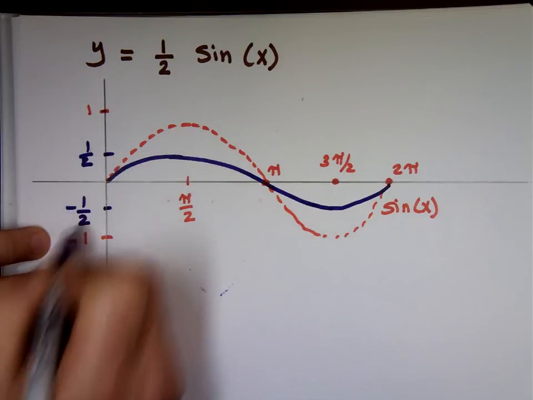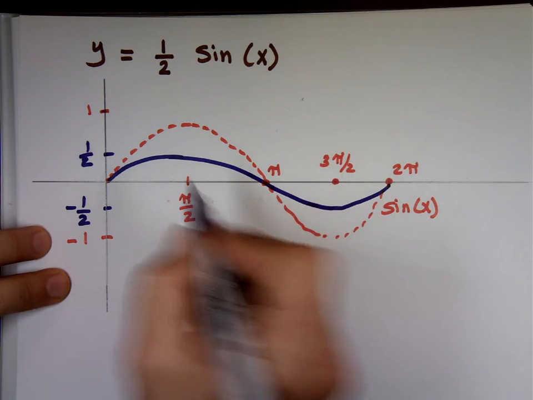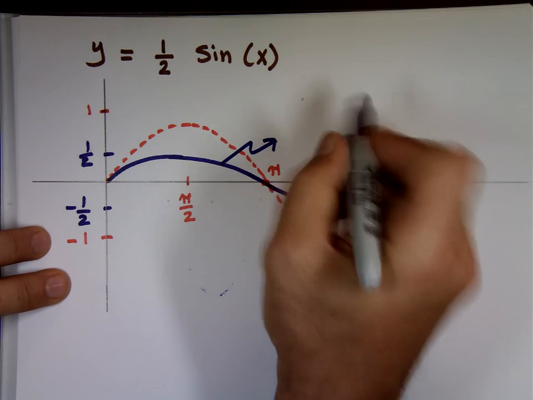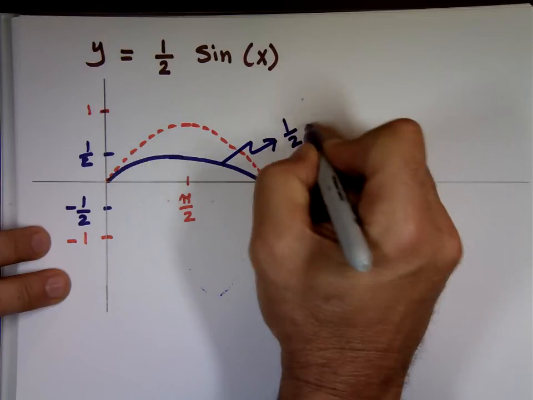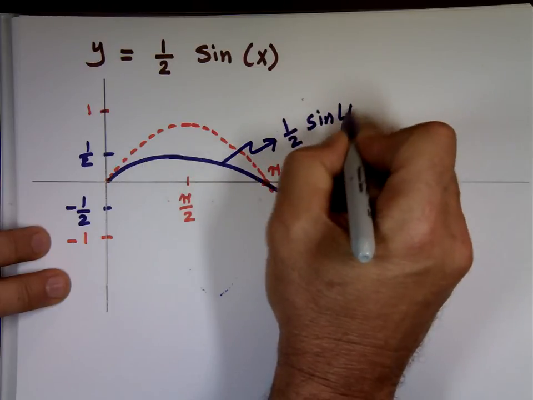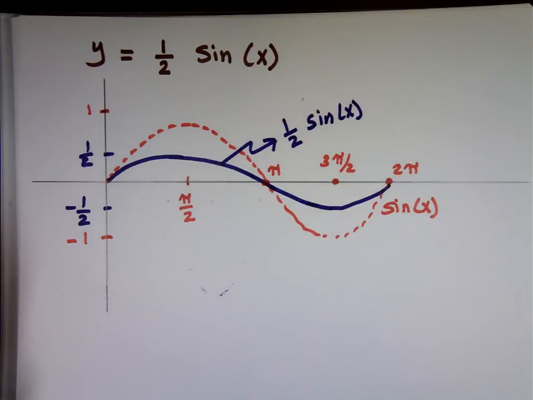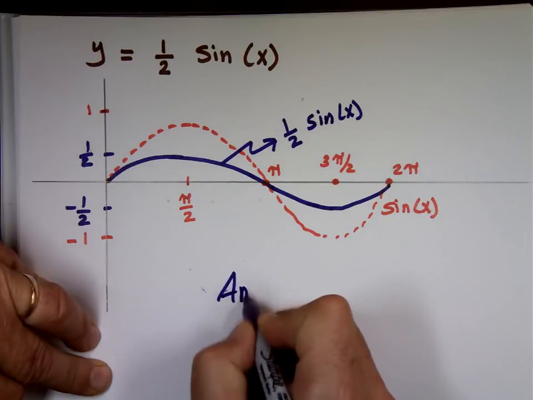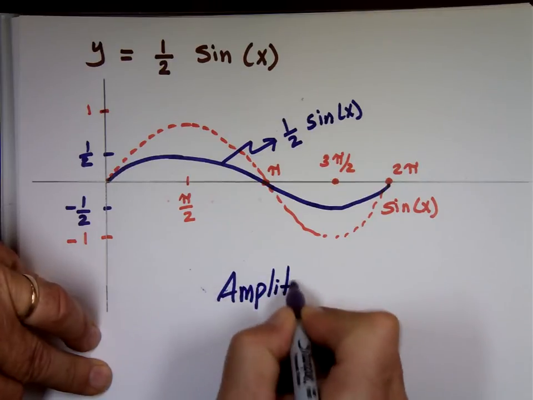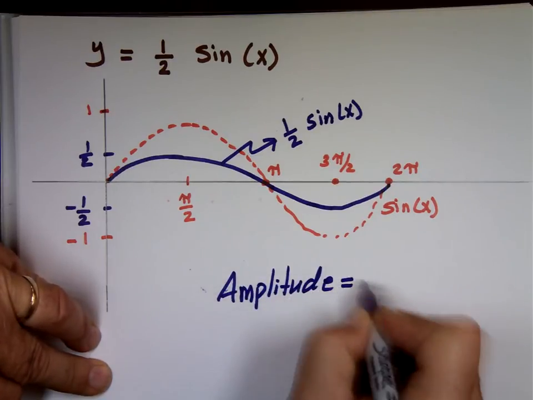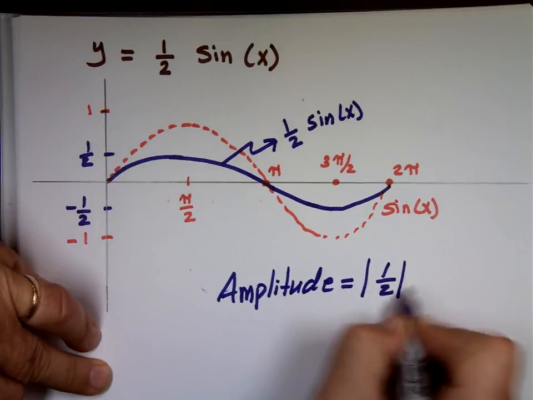So the purple one is 1/2 sine x. That's what the purple graph is. The orange one is just sine of x. So my amplitude is the absolute value of 1/2, which is 1/2.